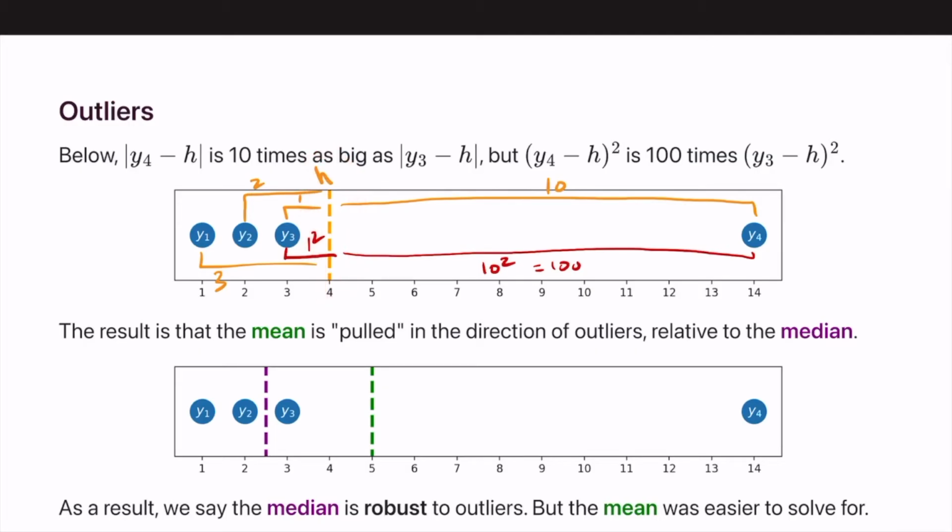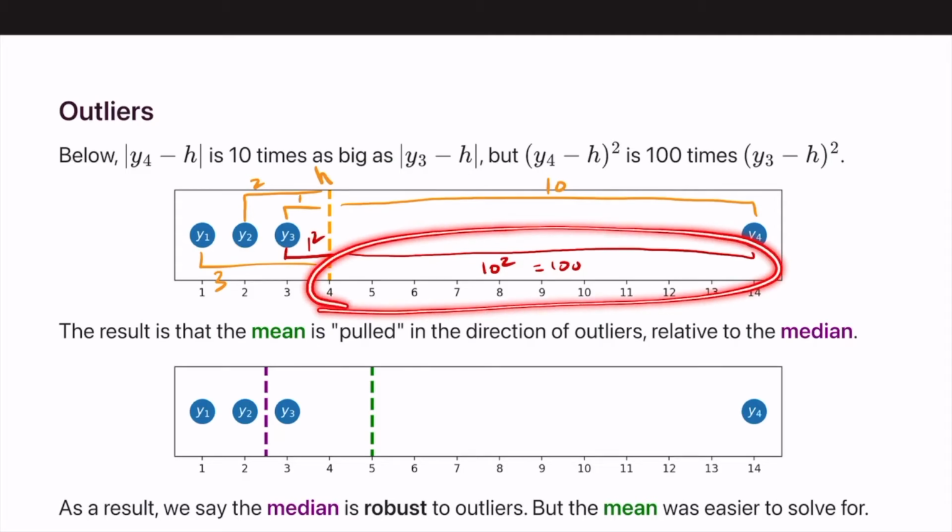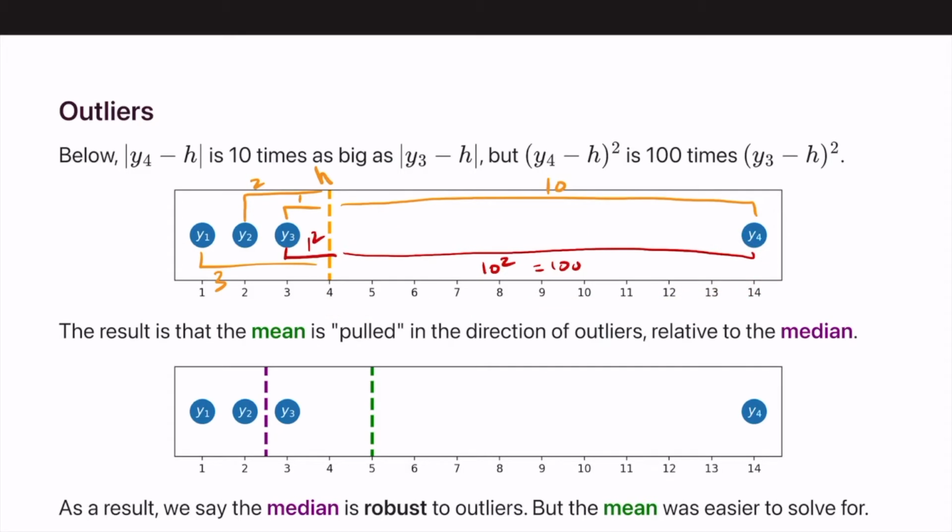But with the squared loss, it winds up being 100, which is 10 times greater than with the absolute loss. Also, something else that's really interesting to note is that the penalization for being 1 unit off with squared error versus being 10 units off is 100 times greater.